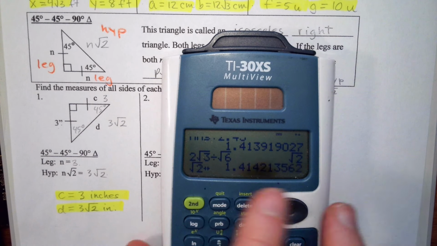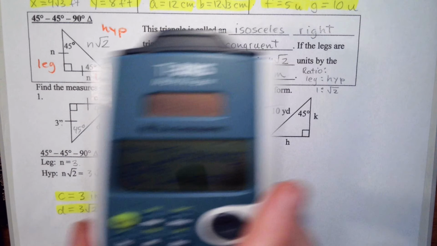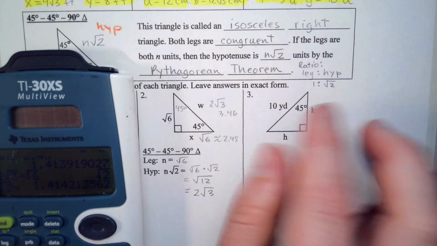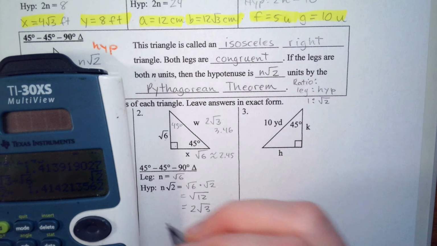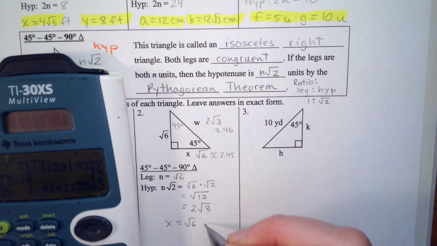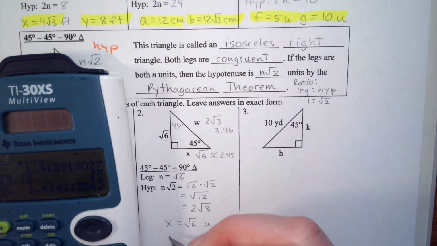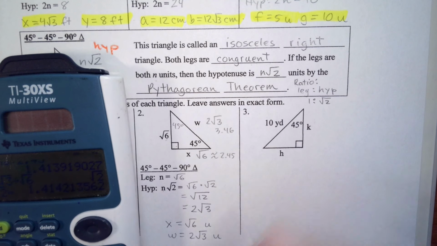We get root 2, or approximately 1.42, which is in keeping with that ratio. Okay, so the ratio is always 1 to root 2. Okay, let's answer the question. So x is equal to root 6 units, and w is equal to 2 root 3 units.